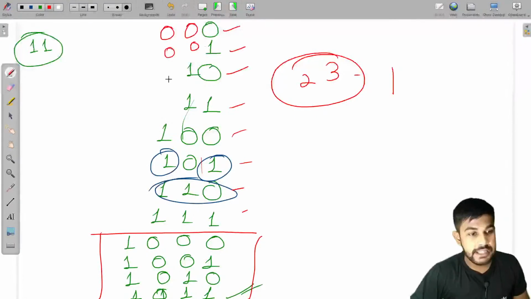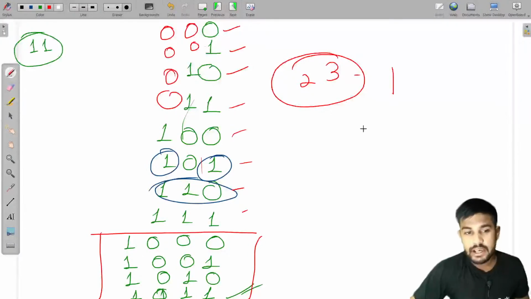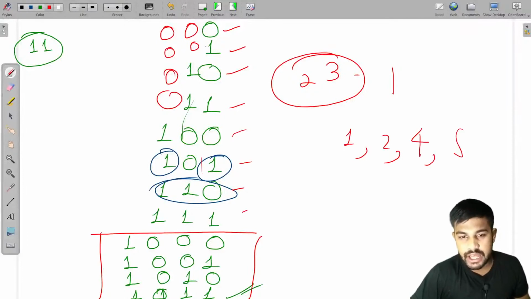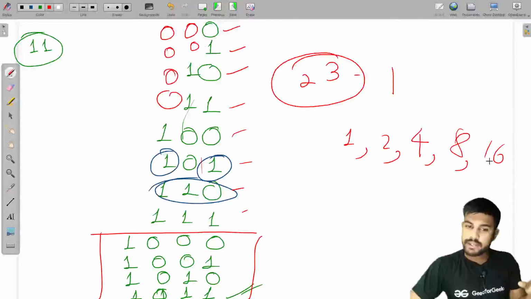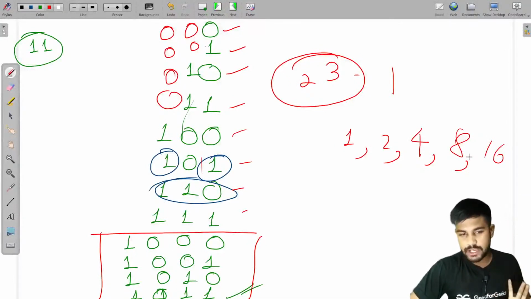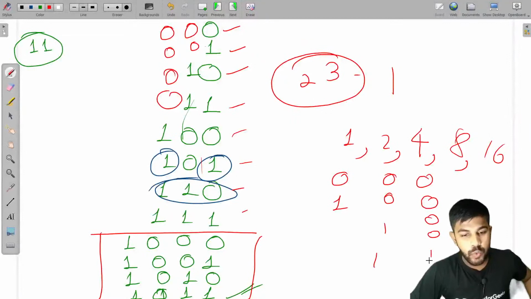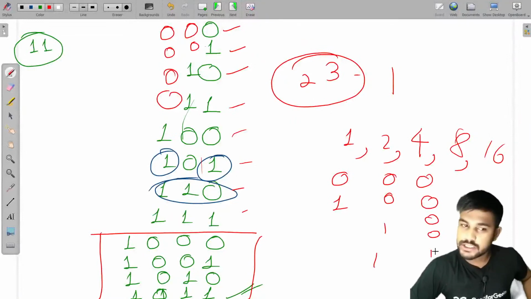And the next is 0, 0, 0, 0, 1, 1, 1, 1. So we can see that we follow a definite pattern, changing after 1, after 2, after 4, after 8, after 16. This is quite good.